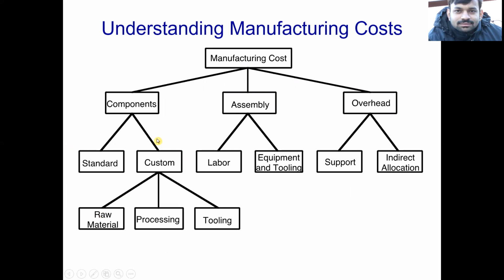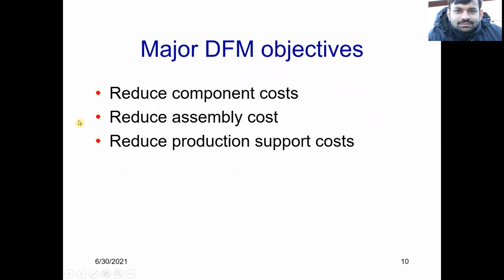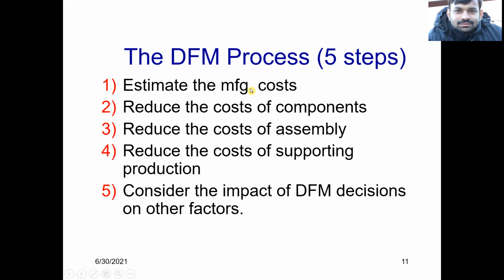Okay, so if you want to get some custom part in your components, then you have to inquire for the raw material, and inquire for the processing and tooling costs required in order to produce one custom component. Okay, and that custom component will decide your manufacturing cost. So the first step is to estimate the manufacturing cost.